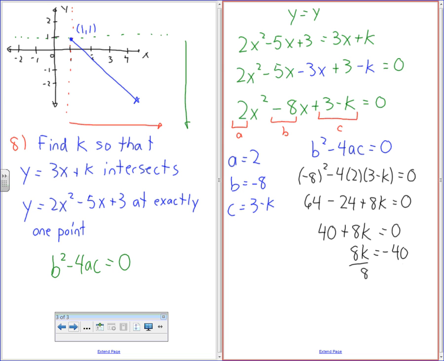Great. So k equals negative 5. That was a little tricky. Again, the thought is just that the C part is like the number. The A part is connected to x squared, the B is connected to x, the C is the number part, and there just happens to be 2 parts to the number part there.